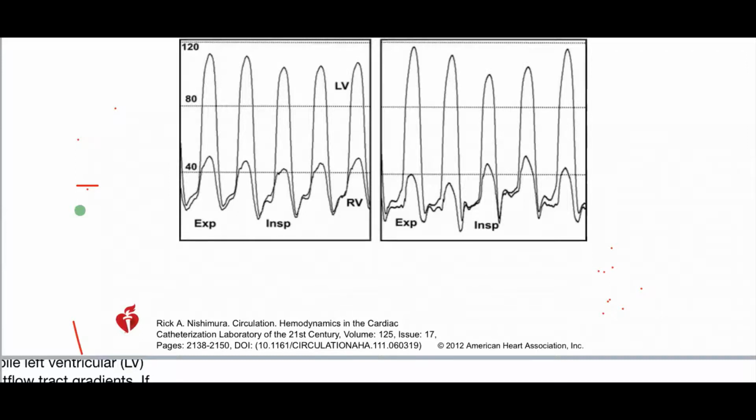Because in case of inspiration, there is increased blood flow to the right side of the heart, and decreased pressure in the pulmonary circulation. At the same time, there is decreased pressure in the left side.